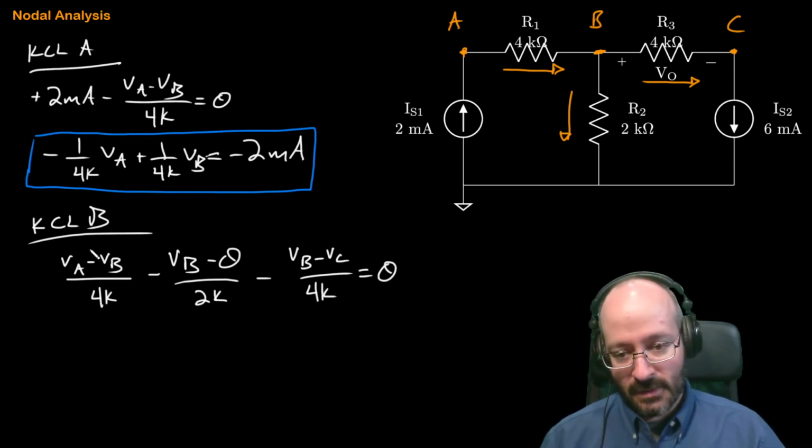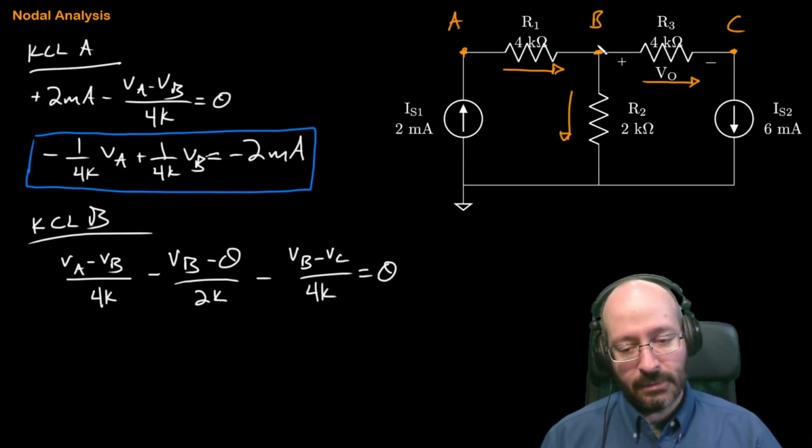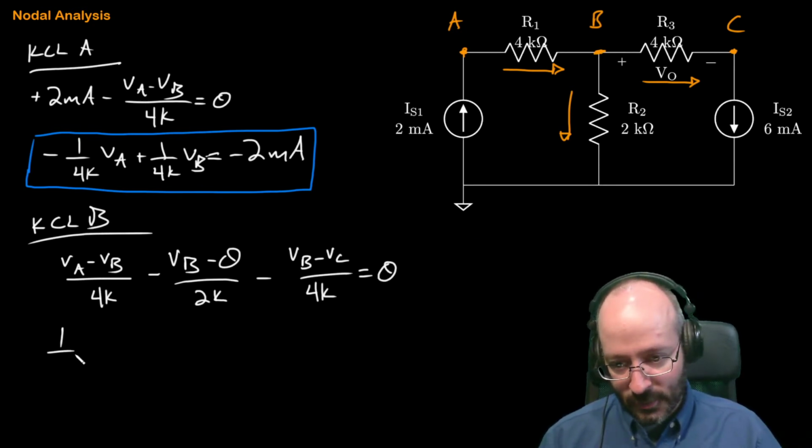Okay, so this is the current through R1, this is the current through R2, and this is the current through R3, and the signs match the direction of the arrow as they relate to node B. Okay, so breaking up and rearranging again, we got 1 over 4K VA plus we got negative 1 over 4K.